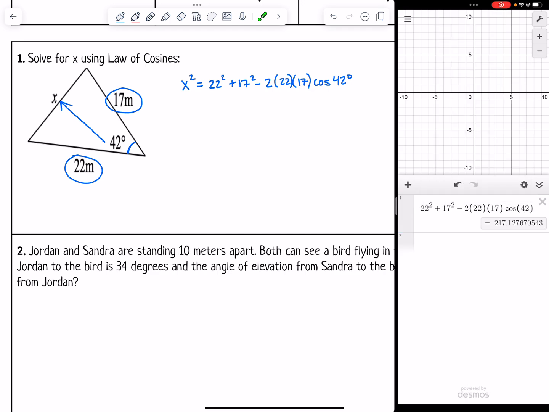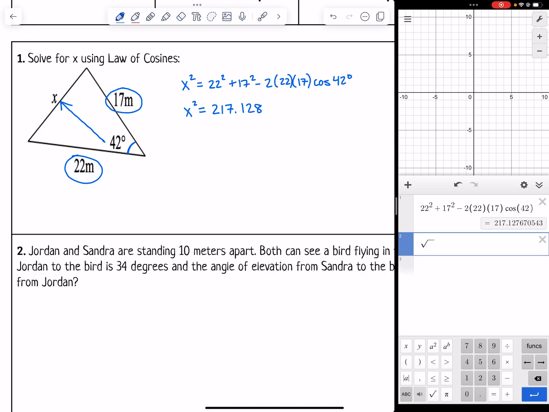Okay, and so I get x squared is now equal to 217, let's say 0.128. I'm just going to round it off. And then I need to take the square root of that. So the square root of 217.128 is approximately 14.7, because I had to take the square root to get rid of the square.